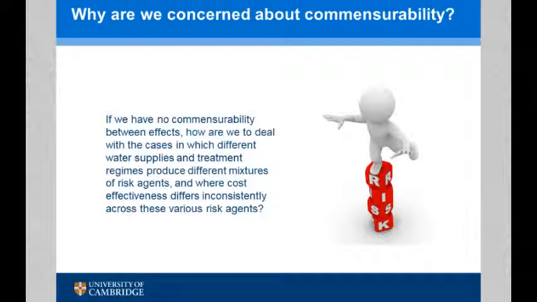So what are we going to do if we've got cancer that's being produced by our risk cup, and we've got respiratory diseases, and we've got reproductive diseases, and we've got liver damage, and so forth? What are we going to do about that? And the two bookends of this are either we just say, well, these are completely incommensurable.